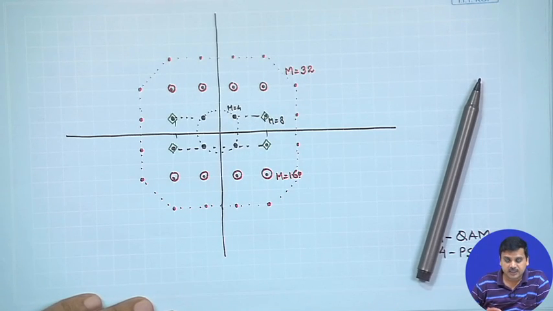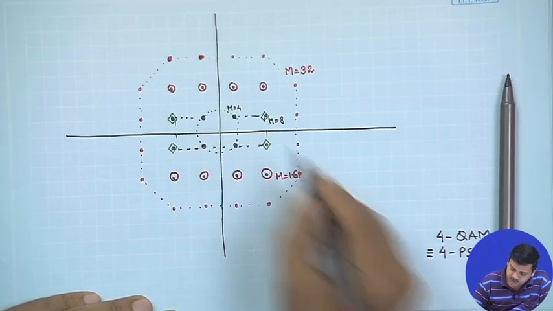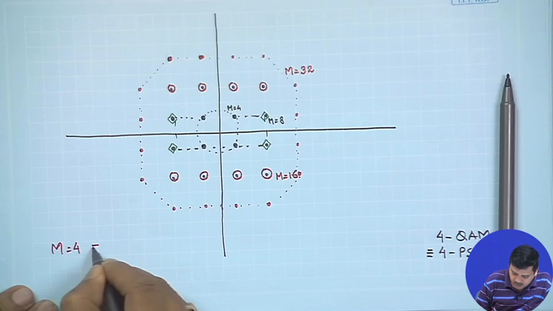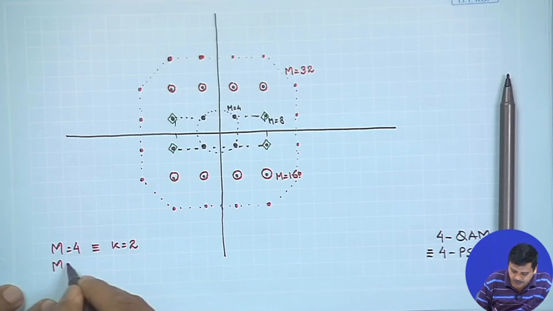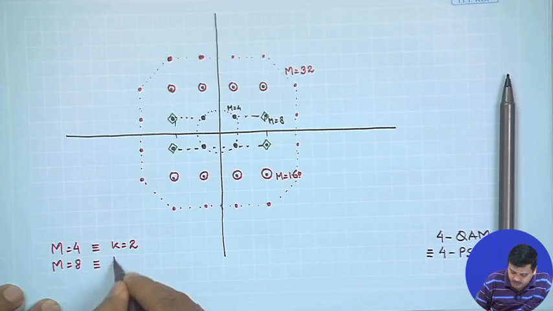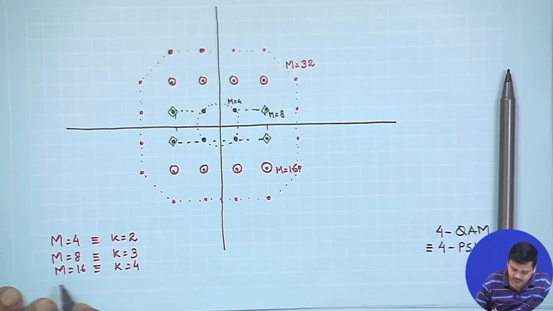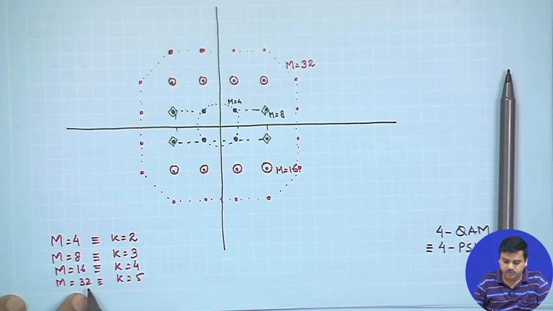So, again you can see clearly that we have been able to extend this for m equals to 4 means k equals to 2 bits, m equals to 8 implies k equals to 3 bits, m equals to 16 implies k equals to 4 bits, and m is equal to 32 implies k is equal to 5 bits, because 32 is 2 to the power of 5.